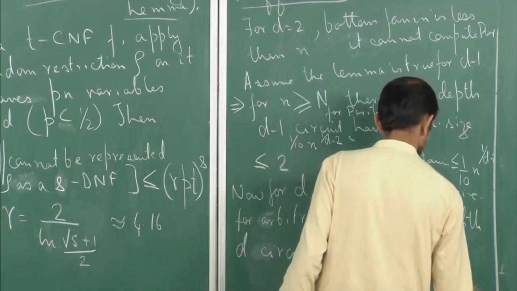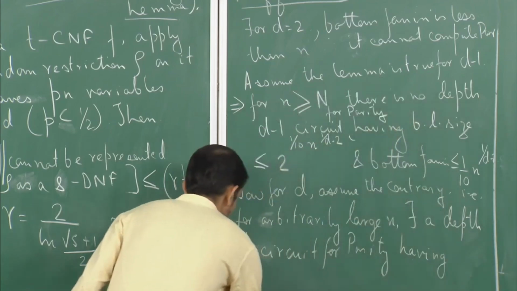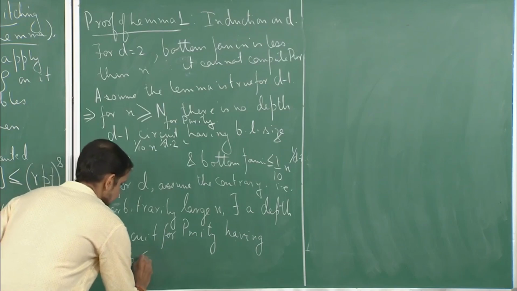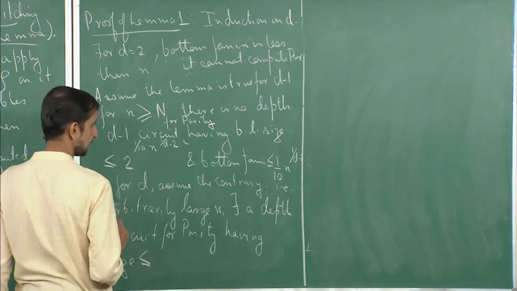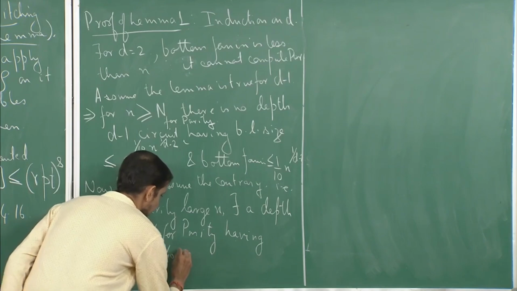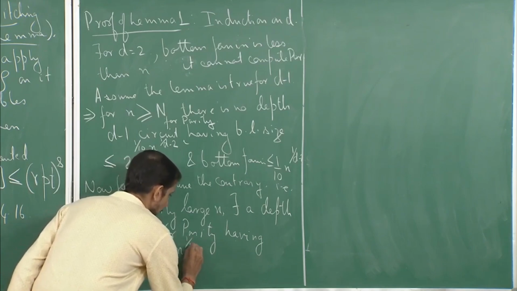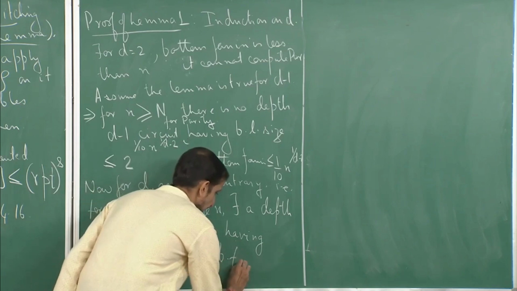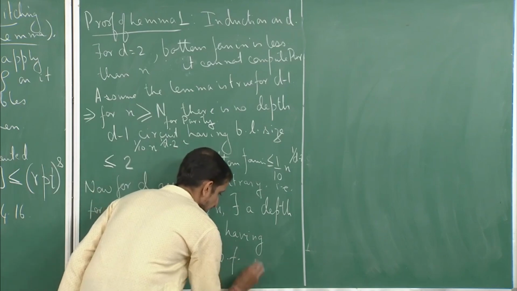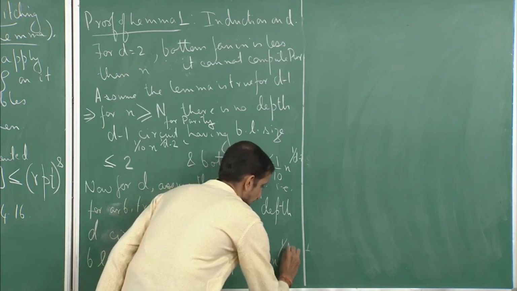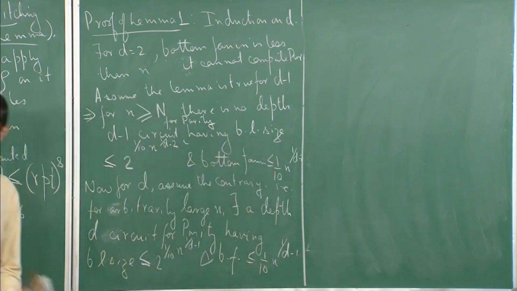having but last size less than 2 to the power 1/10 of n to the power 1 over D minus 1 and bottom fan-in at most 1/10 of n to the power 1 over D minus 1.